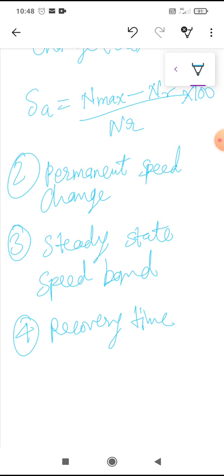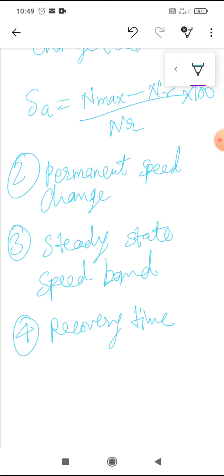It is expressed in seconds. What does it mean? It means that due to a sudden load, the speed band will be exceeded. So it is the time interval taken to recover back to the steady state speed band. That time interval is called recovery time. These are a few terms which we need to understand before seeing the governing.